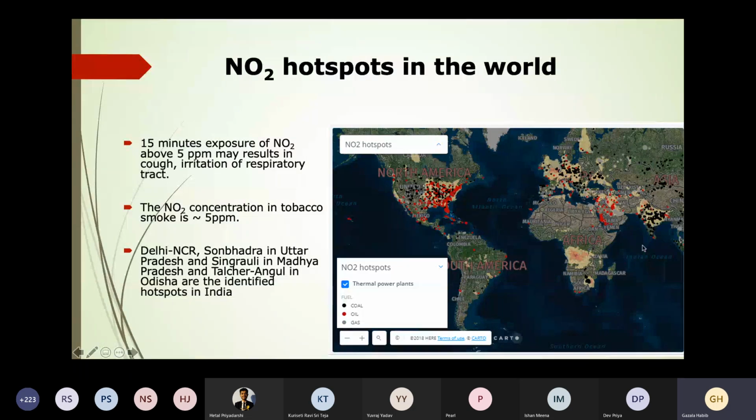I have a certain reservation in saying this sentence, because coal is burned in different parts of India, but generally in power plants. So probably the hotspots shown in India are the places where thermal power plants are located.